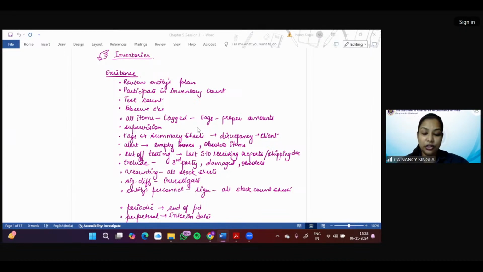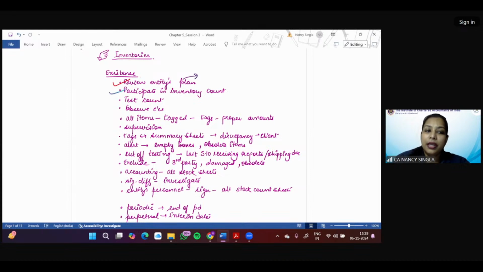Now, if you remember, I made a diagram and there I told you that the auditor will not just go and observe. He will also perform test count. And along with performing the test count, the auditor will do what? Observation of the employees, how they are performing the count. He will see how that procedure is being supervised. So he will first of all review the entity's plan, whether the entity is performing the count periodically or at the end.